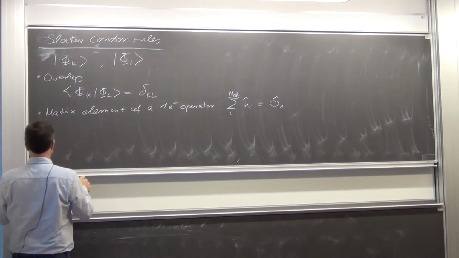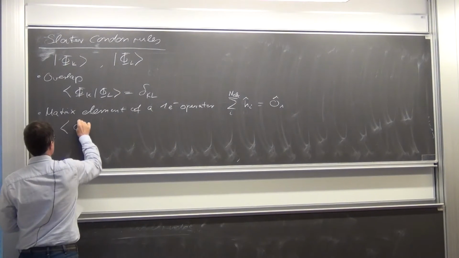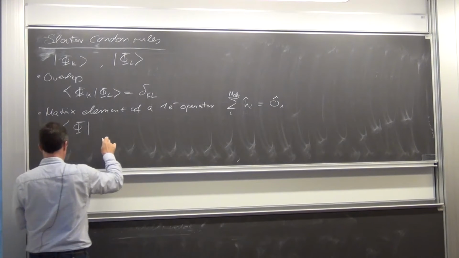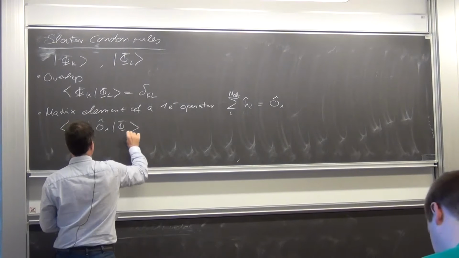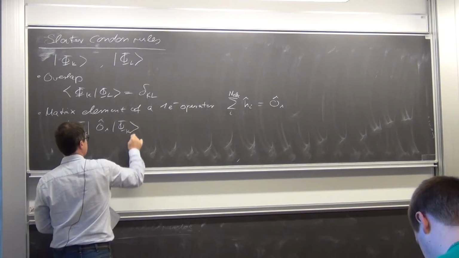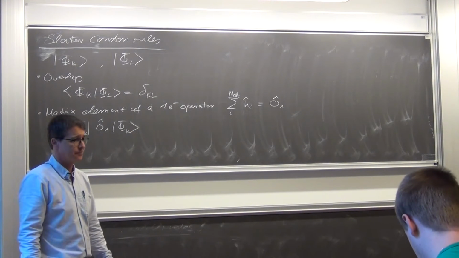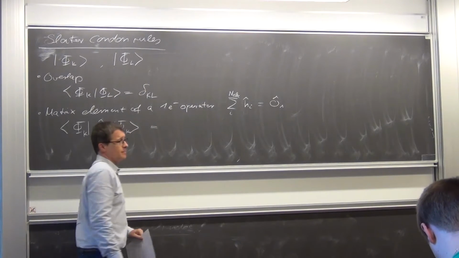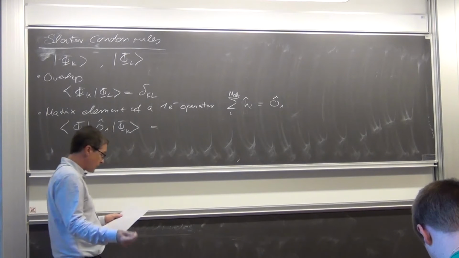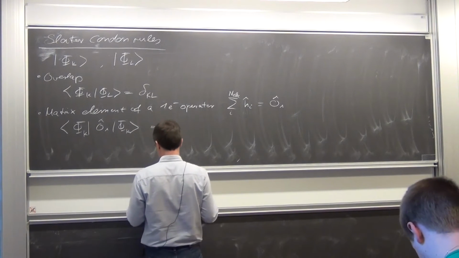Now I have to look at two kinds of matrix elements. Either I have the same determinant on both sides, let's call it K here, it's the same. Then you can calculate, or you can use the Slater-Condon rules.